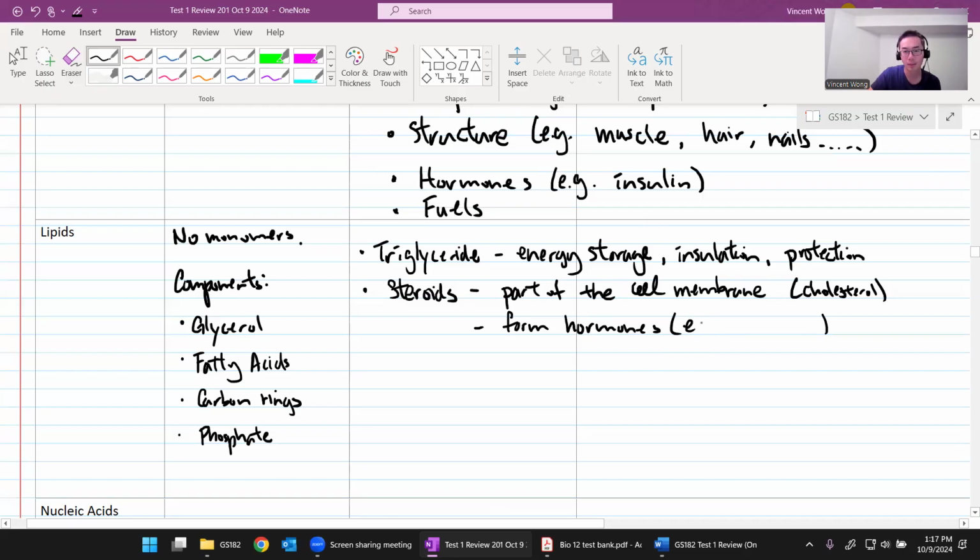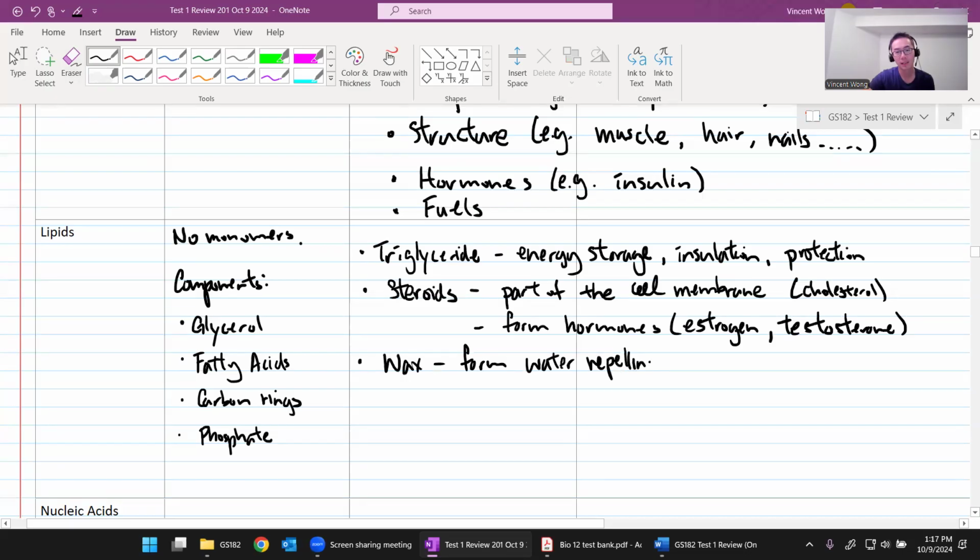I've been talking about it forever. There's the estrogen and testosterone. Wax, they form water repelling surfaces.